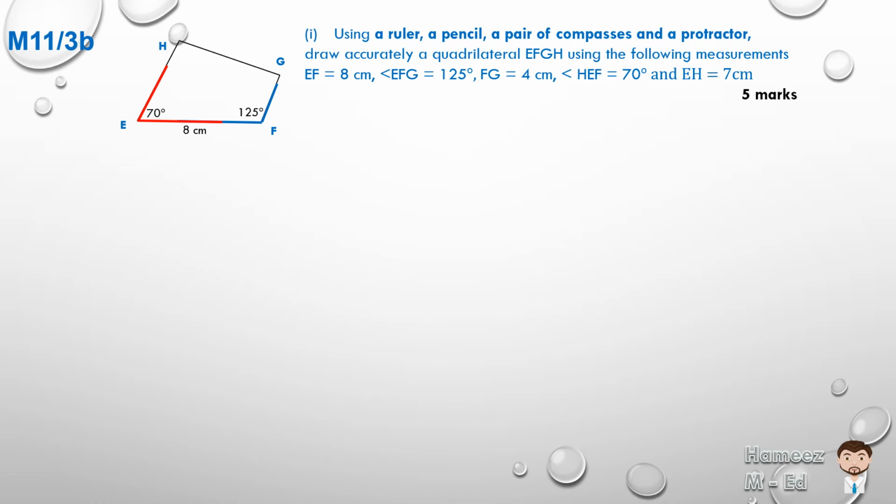So let's look at the steps. First step, construct the baseline EF, which is 8 centimeters. We draw a long baseline, which we have in maroon, which is longer than 8 centimeters.